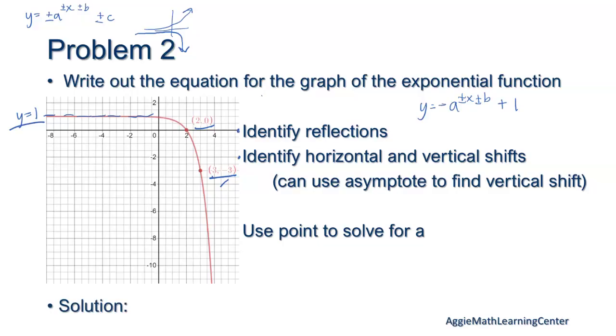Now I come over and see, okay, how can I use the rest of the information? How can I use the points to determine what else I've got here? So I know that x equals 2 and y equals 0. So what if I plug that in and see what I get?